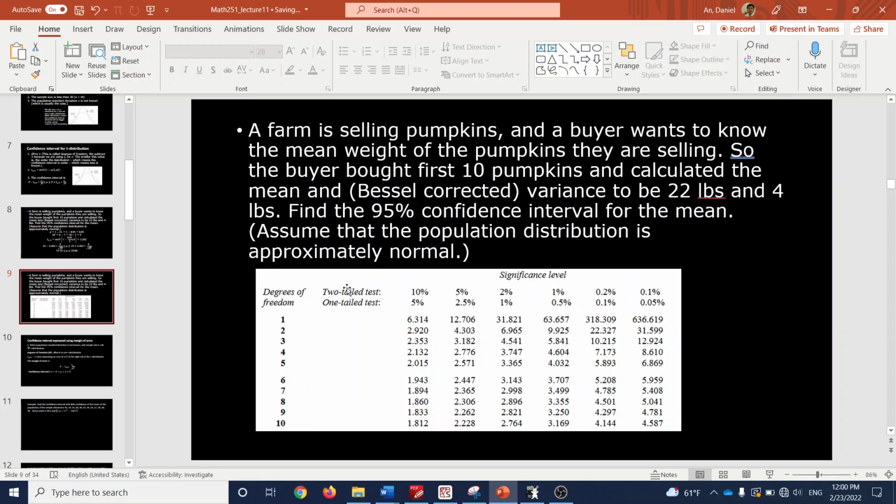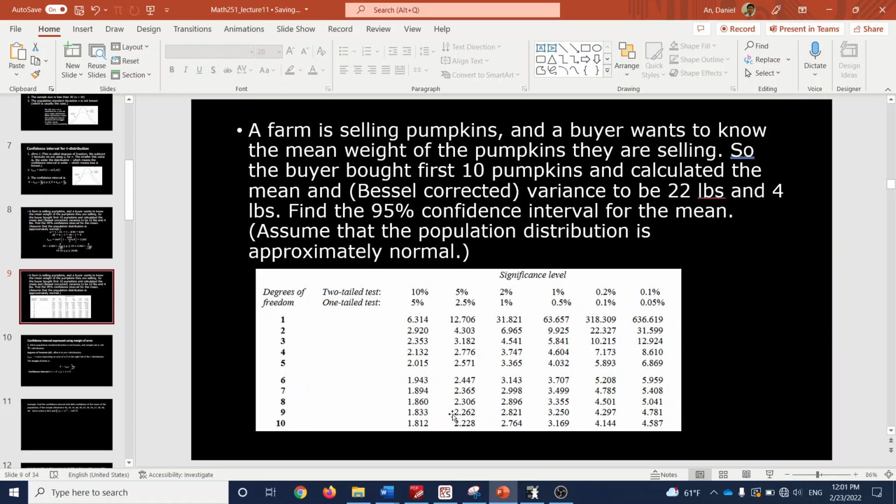So that corresponds to a two-tailed test. So in a two-tailed test with degrees of freedom 9, you see the 5% significance level. Remember that significance level is 1 minus the confidence level. So confidence level 95% is the same as significance level 5%. And if you look at where the 5% and 9 meet, you see 2.262, exactly the value that we used before, right? So that's how you use this table to do it.